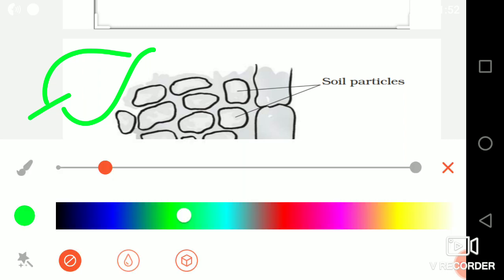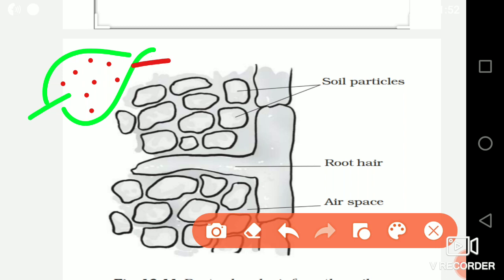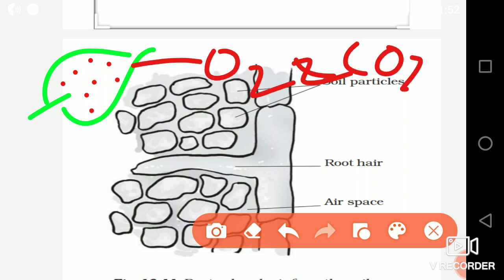The leaf will have stomatal pores, the stomata, which help in the exchange of oxygen and CO2 according to day and night. If it is the daytime, carbon dioxide will be taken in and oxygen will be given out. If it is the night time, vice versa: it will take in oxygen and give out carbon dioxide.